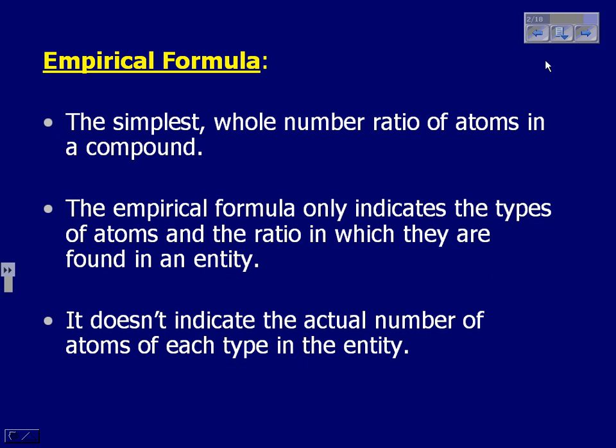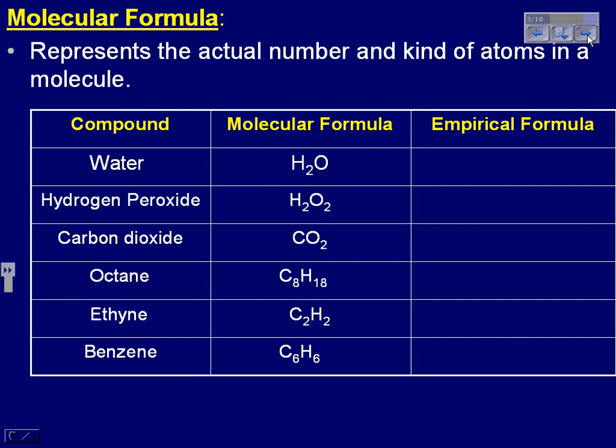What we want to differentiate here is between, say, a molecule and an ionic compound. For an ionic compound, the actual formula that we have is its simplest formula.